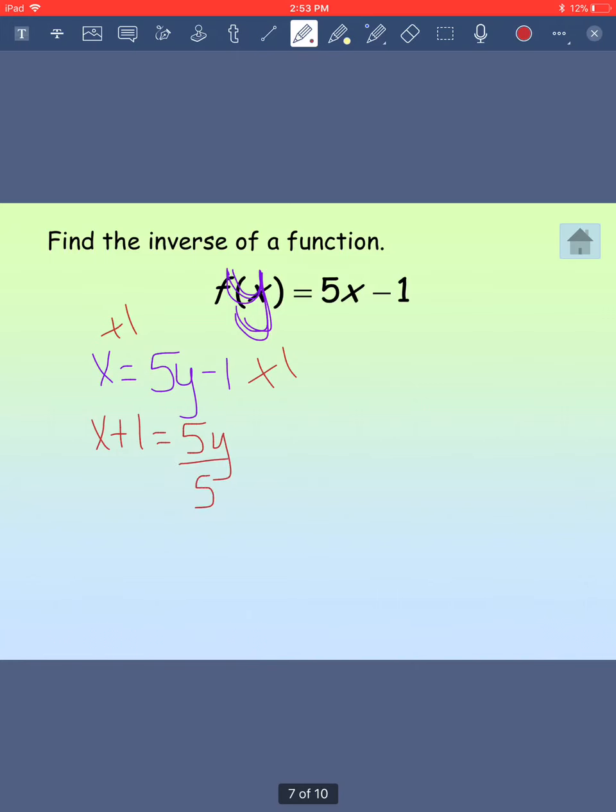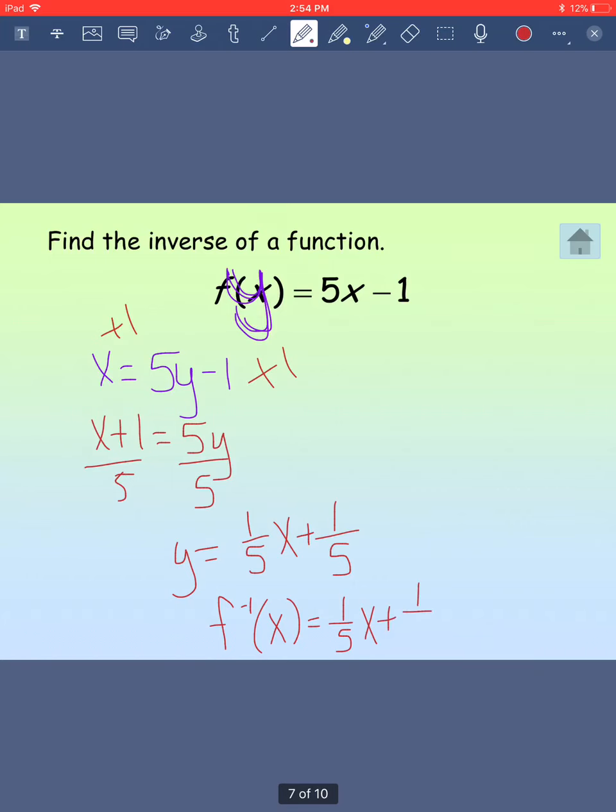Now I can divide by 5. So I get that y equals, I'm going to split it up. So I'm going to say it's 1/5 x plus 1/5. And my last step is I'm going to rewrite it in inverse notation. So my original was f of x, so it's going to be the inverse of f of x equals 1/5 x plus 1/5.